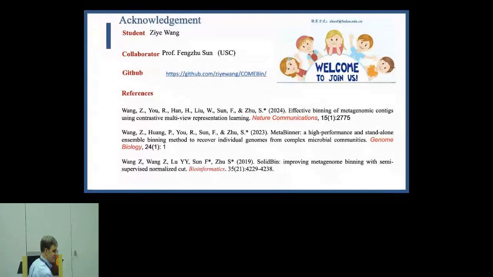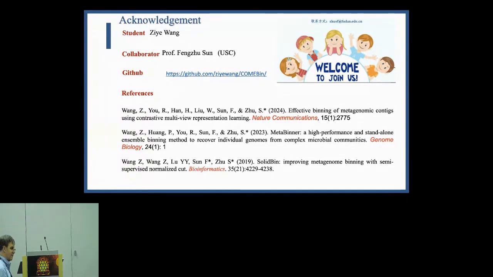Yeah, it's a very good question. I think in the CAMI 2 dataset, there is one dataset, maybe the plant-related dataset. I think we did okay. Because our method relies on CheckM to evaluate the performance, for the eukaryotic species dataset, I think they don't have the single-copy marker genes.